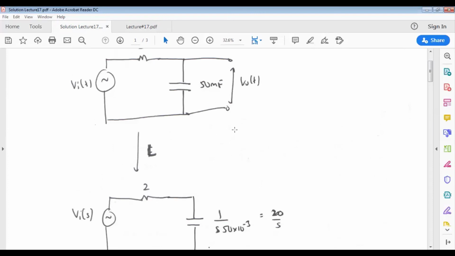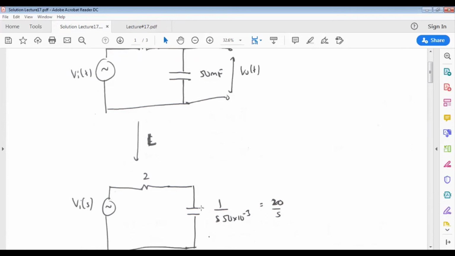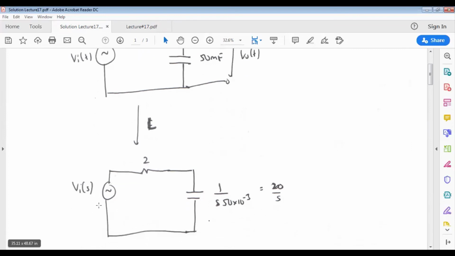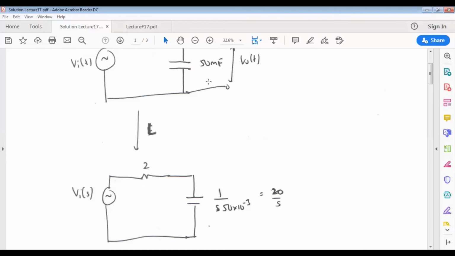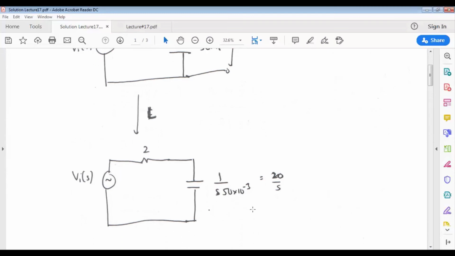So the transformation will look like this. We have VIS, the transformation of the input voltage. The resistor of 2 ohm will be 2 ohm, there's no change on the resistor value. Whereas for the capacitor of 50 microfarad in time domain, in the frequency domain it will be 1 over SC, and that will give us 20 over S as the capacitor in the S domain. So this is the circuit which has been transformed into the S domain.